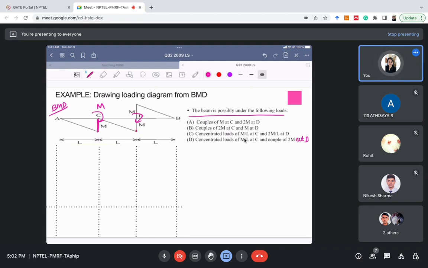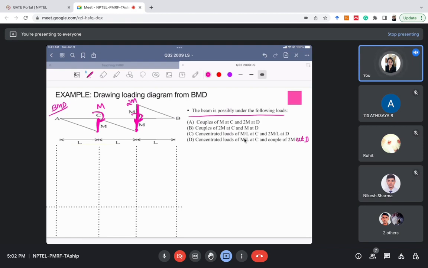Here the bending moment jumps by 2M amount, right? So in the loading diagram, there would have been a couple of M at C and 2M at D. I hope it is clear. M and 2M accordingly.